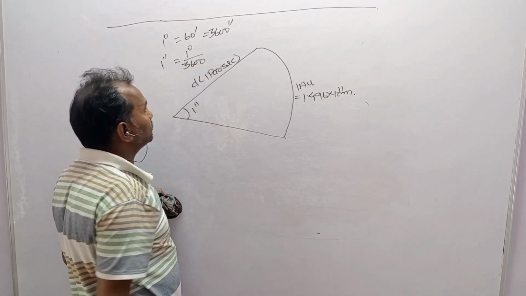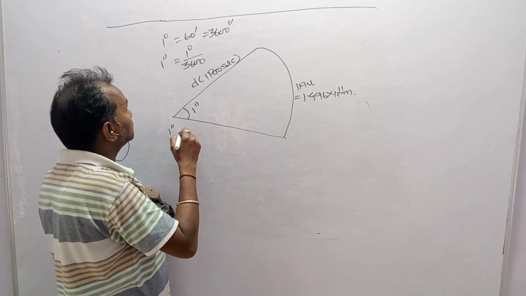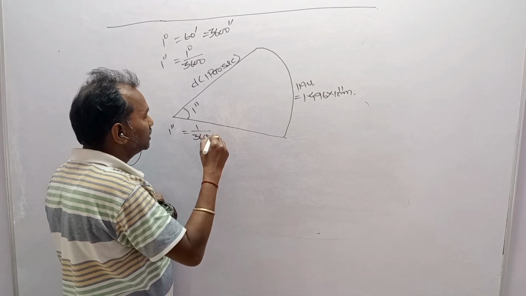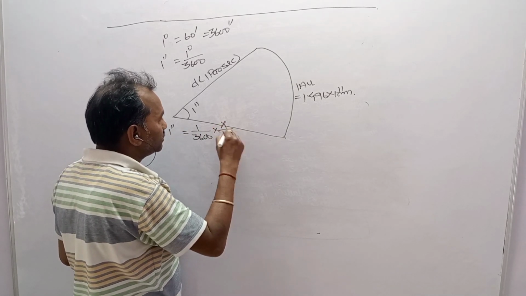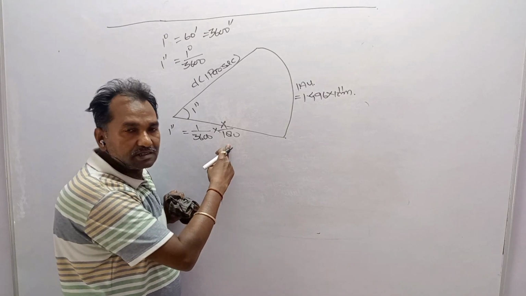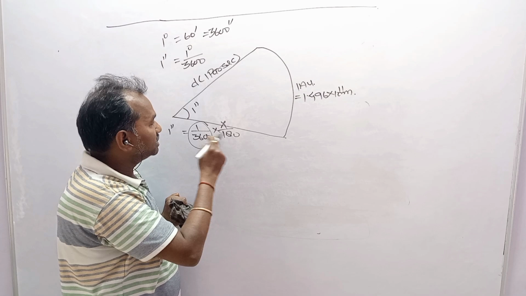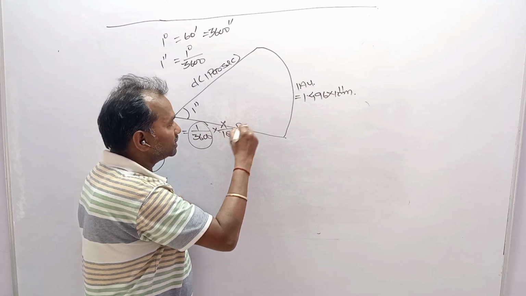To convert into radian, 1 second is equal to 1 upon 3600 multiplied by pi by 180, because 180 degree is equal to pi radian, so that much degree is equal to pi upon 180 into this. So you have got the value of 1 second in radian.